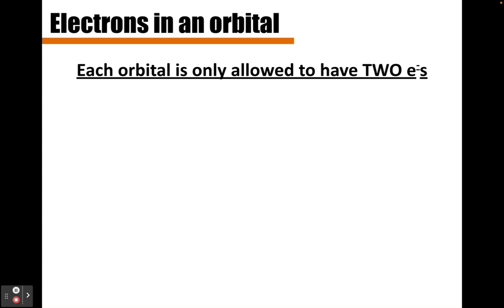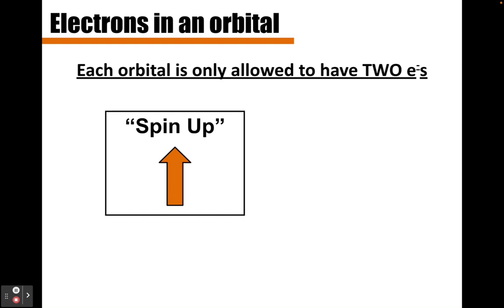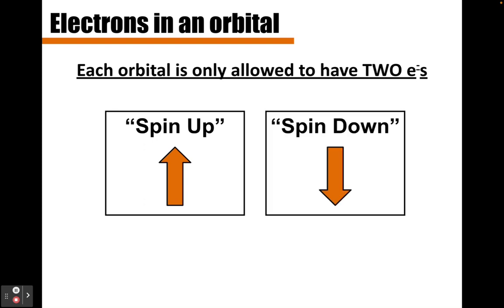It's something else that we're not going to get into, but it's analogous to what's going on when you have an electron spinning. But I don't want to go too far into that. Each orbital is only allowed to have 2 electrons. One electron is called, quote unquote, spin up, and the other electron is called spin down. And those are the only 2 possibilities. Either the electron is spin up or the electron is spin down.